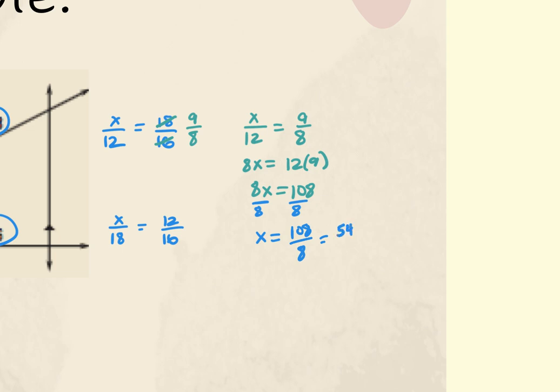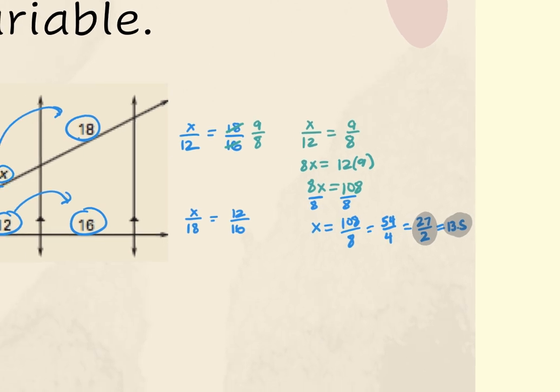It would be 54 over 4. And then 2 again, 27 over 2. And I can even take it a step further and say that that would be 13.5. So either one of these would be acceptable as answers, or even 13 and 1/2. That's fine too.